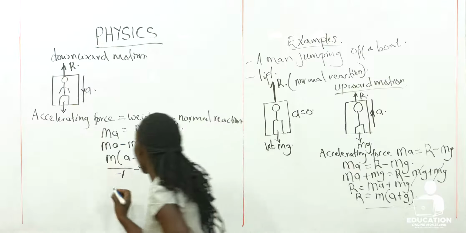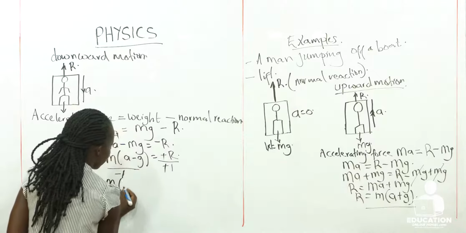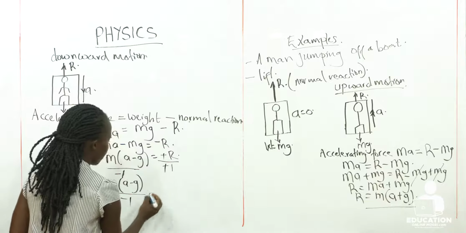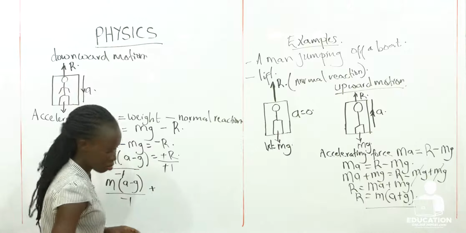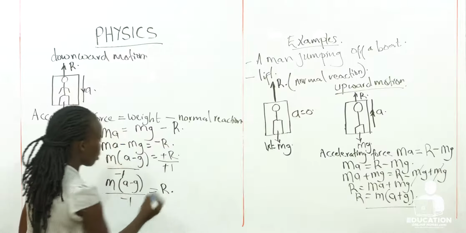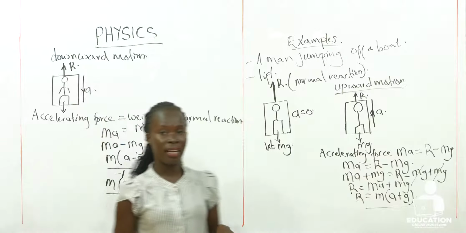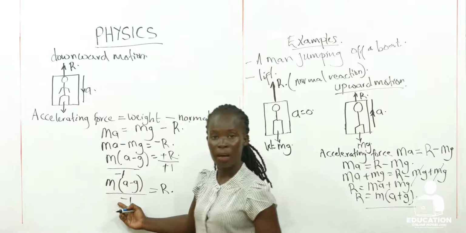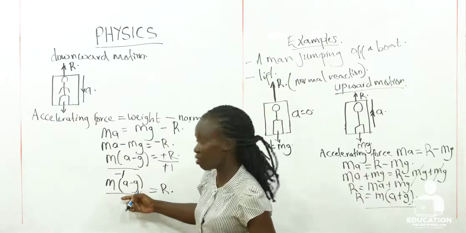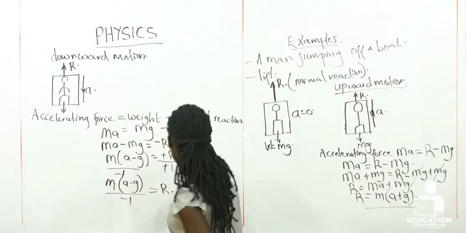So we shall have our m times (a minus g) divided by -1, equal to R. If it is equal to R, we don't have to leave our equation with a negative. You can divide through each term by this negative.